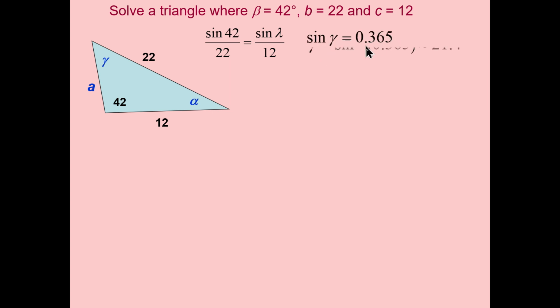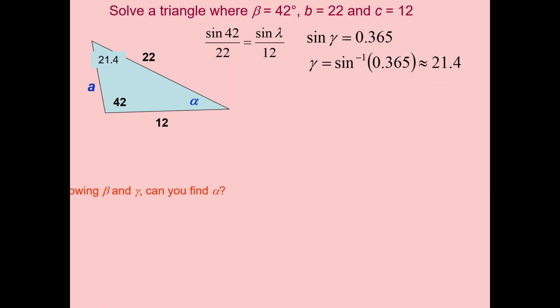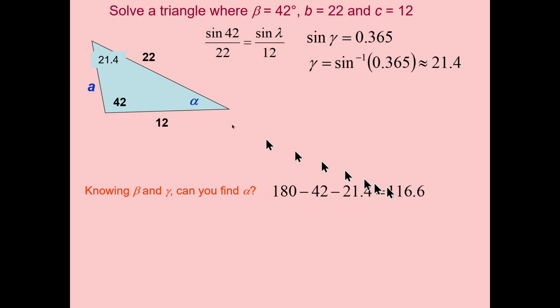The inverse sine tells us that angle is 21.4 degrees. So knowing two of the angles, can we find the third angle, alpha? Yes, by subtraction. It's 116.6 degrees.